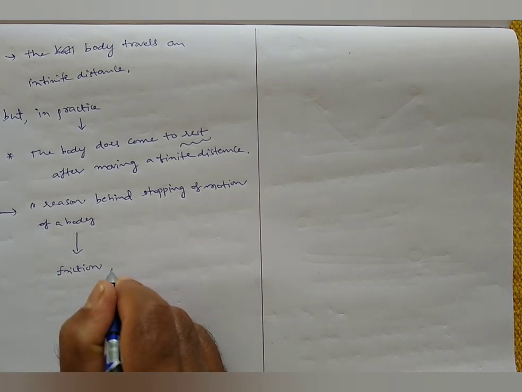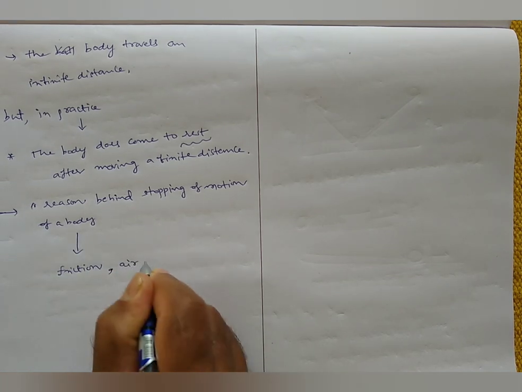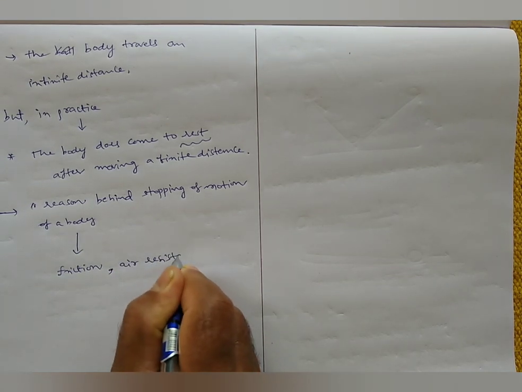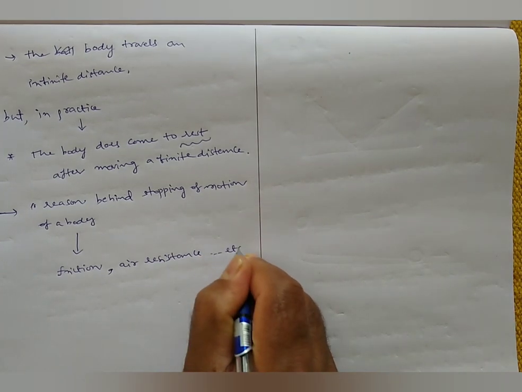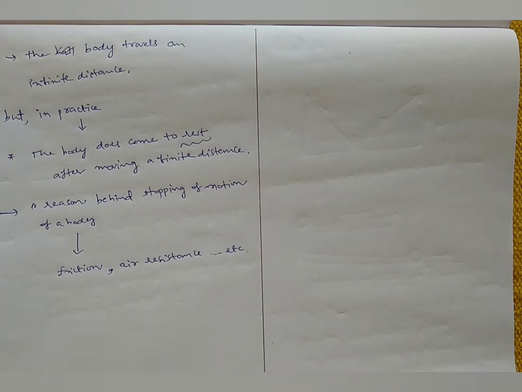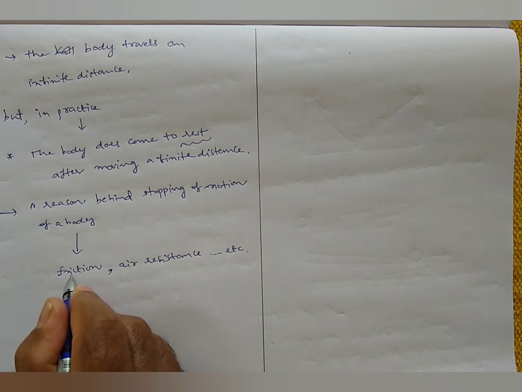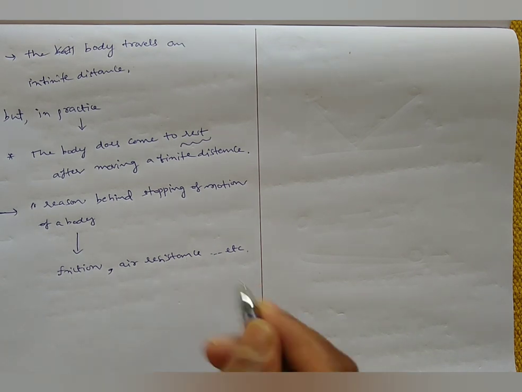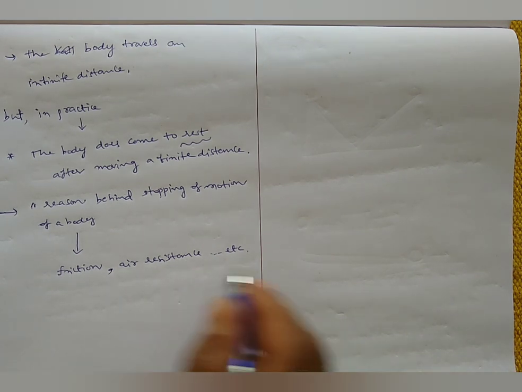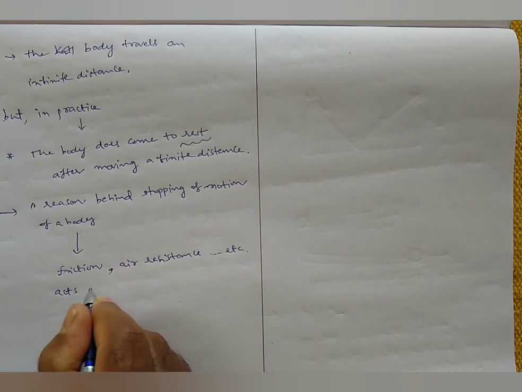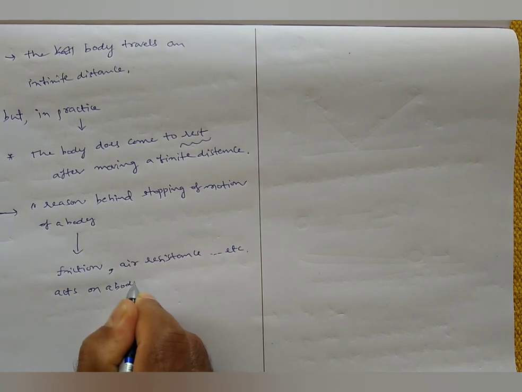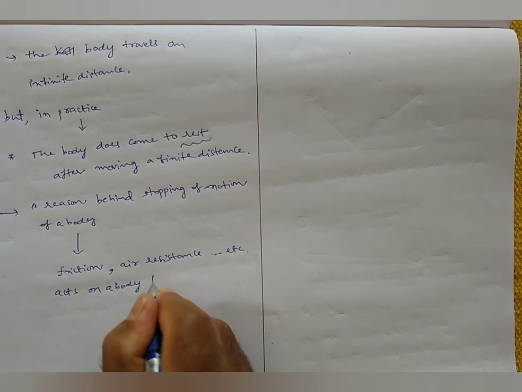Or you can say one more force, air resistance. Like that, these forces act on a body to oppose its motion. So friction, air resistance, and viscous force, like that, these forces act on a body so that the body comes into rest.